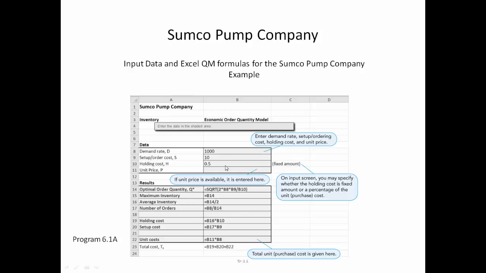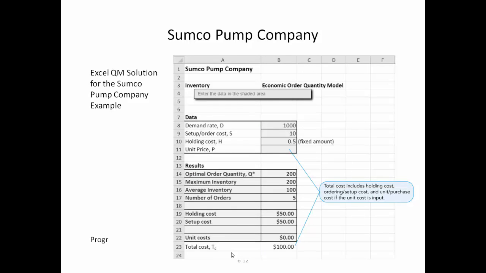So we know that the demand rate is 1,000, it costs us $10, and the holding cost is 50 cents. And once we put that information in, these are the formulas that it's going to use to calculate that information. And then once we hit OK, it's going to automatically populate the information.